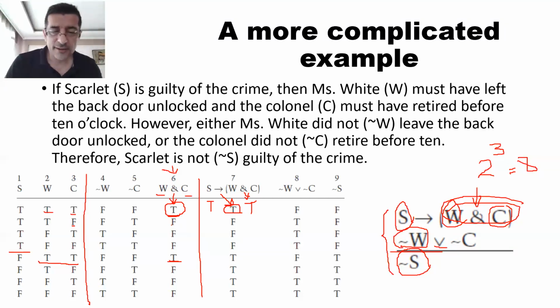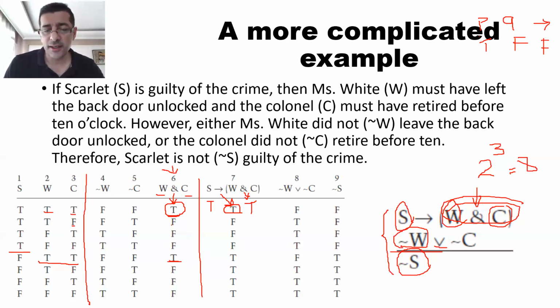But now look at these here, which say F, F, and F. When do we have F for conditionals? Only if the antecedent is true and the consequent is false. If we just have P and Q, let me just write it here, right? If the antecedent is true and the consequent is false, then the conditional would be false.